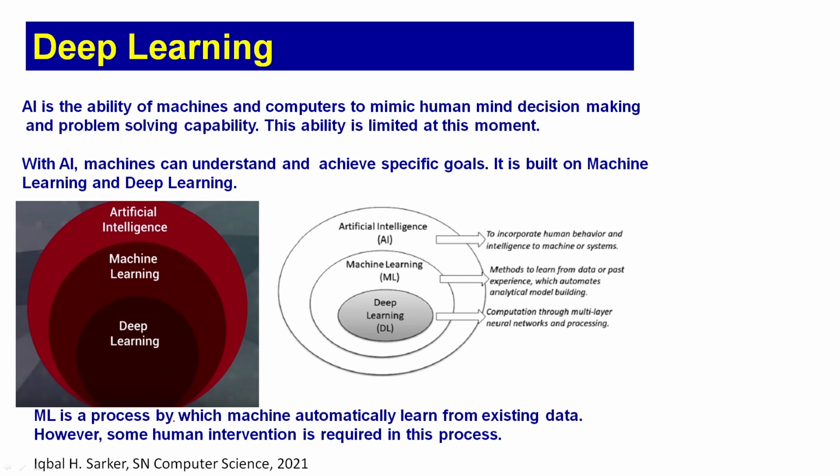This is built on two things called machine learning and deep learning. Artificial intelligence is needed to incorporate human behavior and human intelligence in machines as well as systems. That is the key aspect of artificial intelligence. We want to incorporate human decision making and problem solving processes in intelligent machines, but that is not so easy, right, because human intelligence has various kinds of facets.